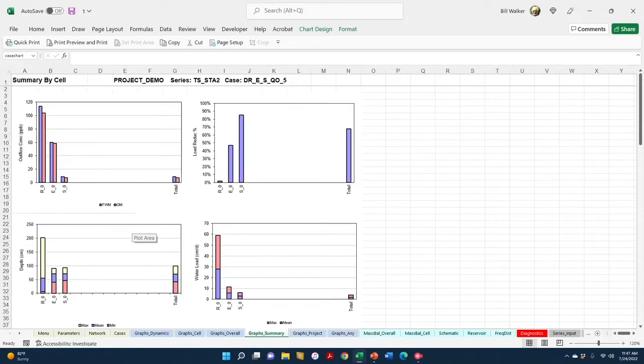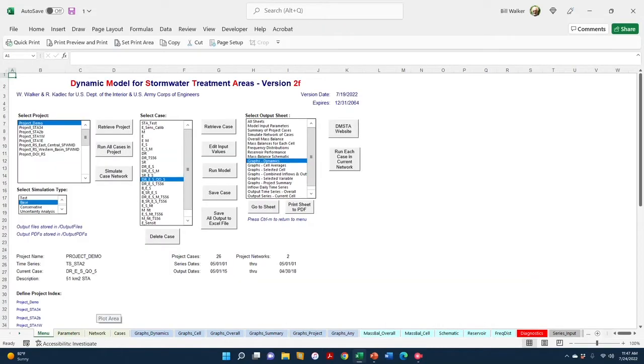Okay, I already showed that. So let's try another one. Reservoir. I'm going to try a shallow reservoir.